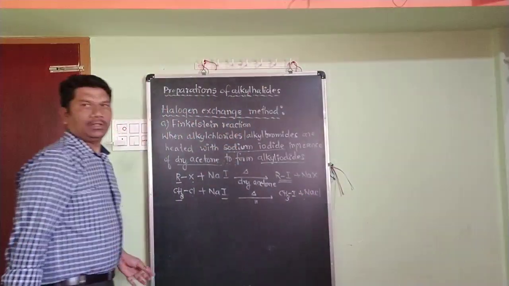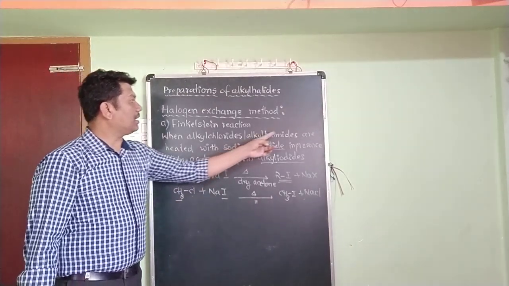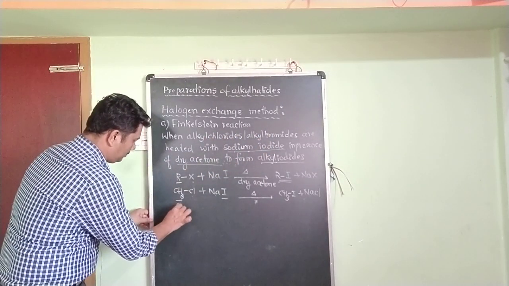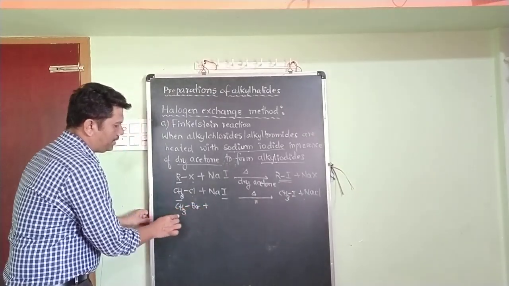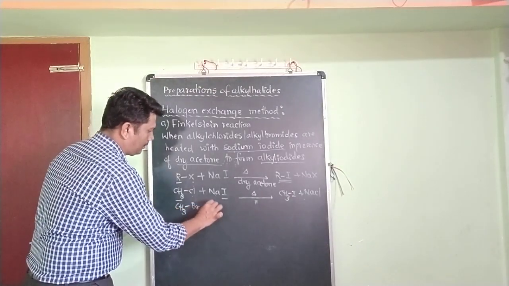And if you take alkyl bromide here, change it, CH3Br, methyl bromide.